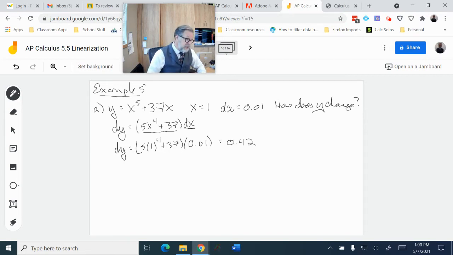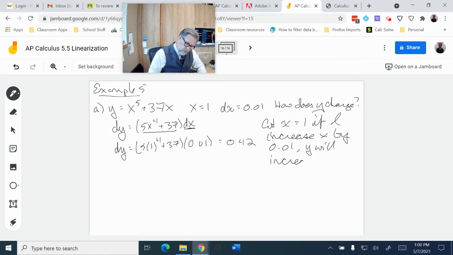The interpretation of that is that at x equals 1, if I increase x by 0.01, y will increase by 0.42. That is the definition of a differential, and that's how we use it.